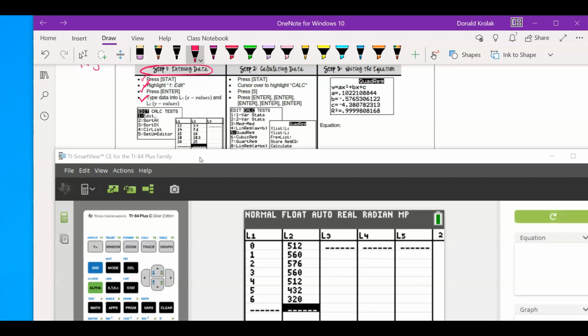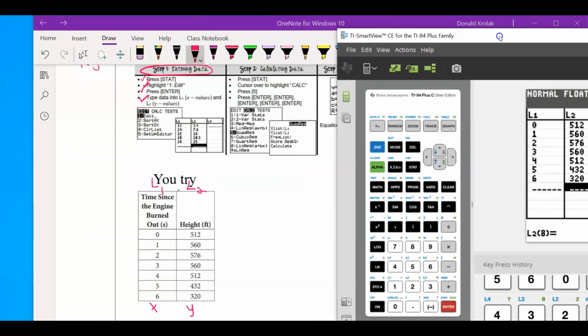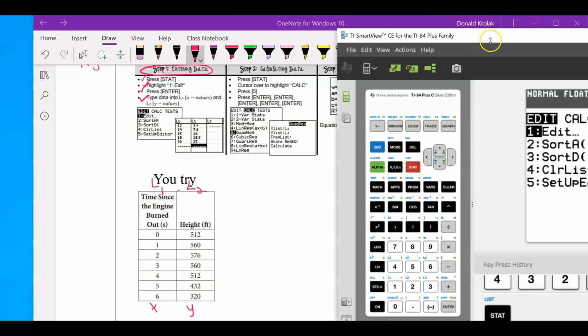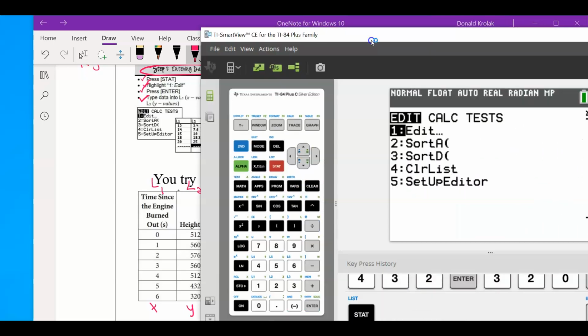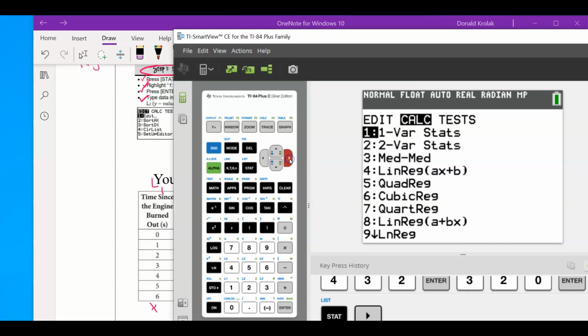So step 2 is calculating data. So now you're going to press stat again. Stat. And now I'm going to highlight calculate. So my right arrow.